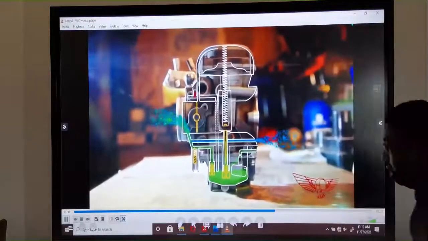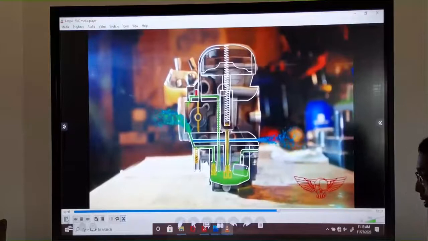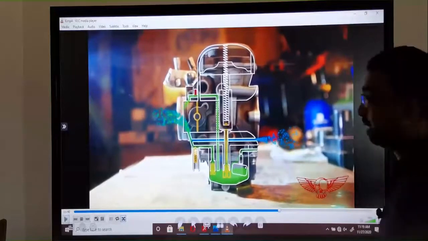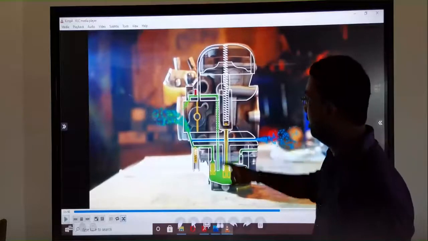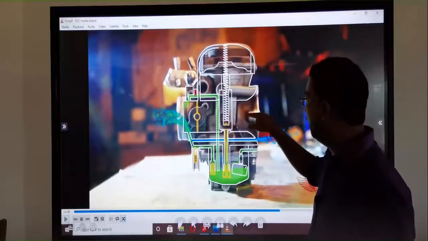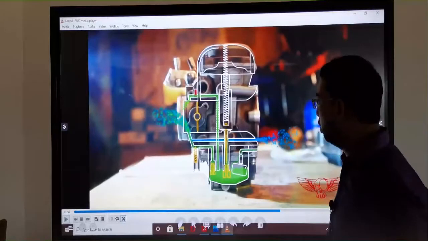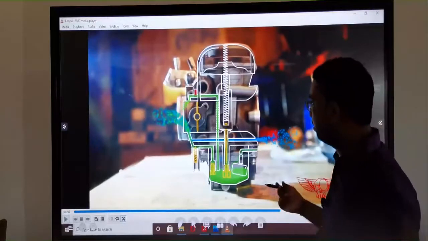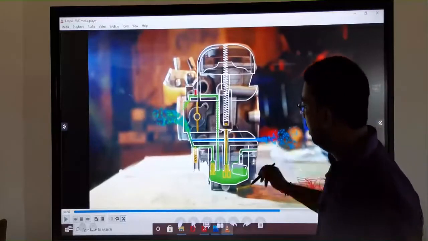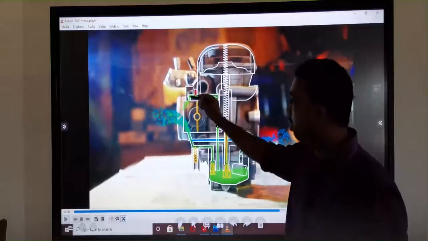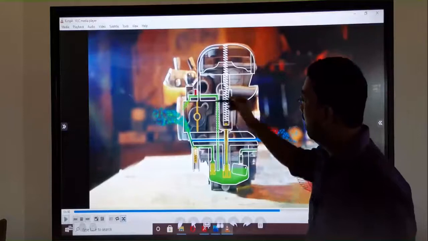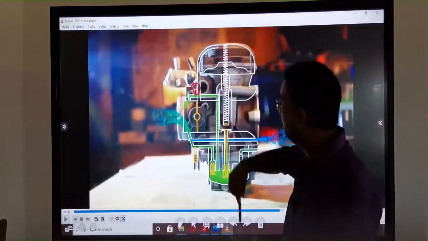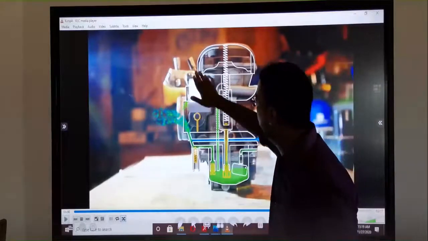So we can see this type of carburetor, the diaphragm carburetor, has no choke valve. It's like a butterfly valve, there is no choke valve. So how is the choke function achieved? There is a separate tube, the choke, connected with this reservoir. This is a thread connected with the choke lever.